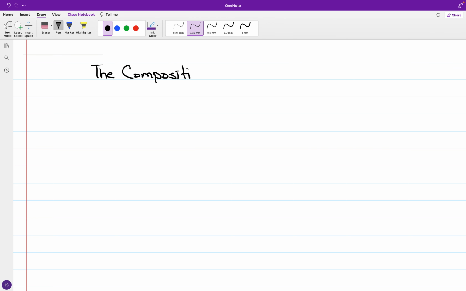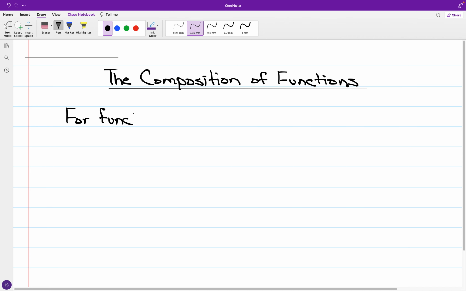Okay, we're going to have what will be referred to as the composition of functions. And you can use different letters, so I'm just going to go with f of x and g of x for the general cases.